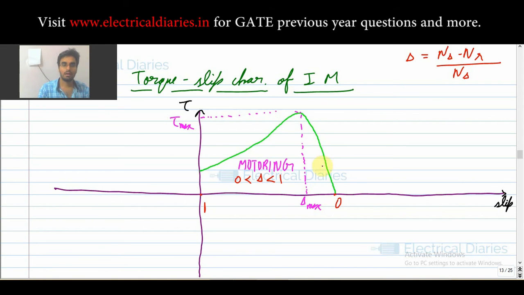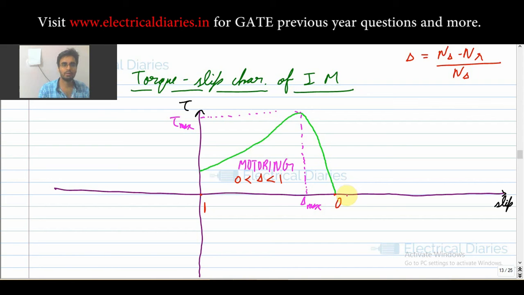After this motoring region, at this point the speed is the synchronous speed. Now if the speed of the motor increases beyond the synchronous speed, how can you increase it? You cannot do it by applying electrical power. You have to give some mechanical input, because the induction motor principle is that the motor always rotates at a speed less than its synchronous speed.